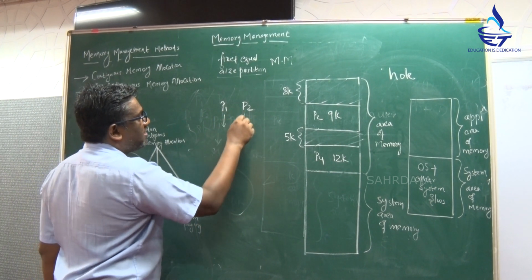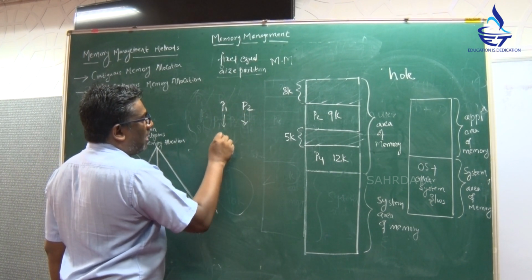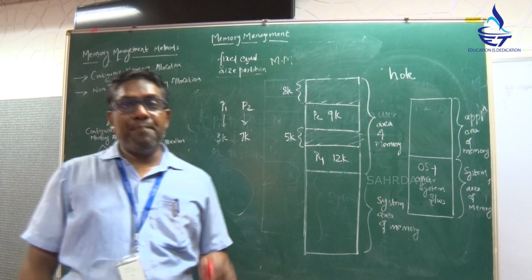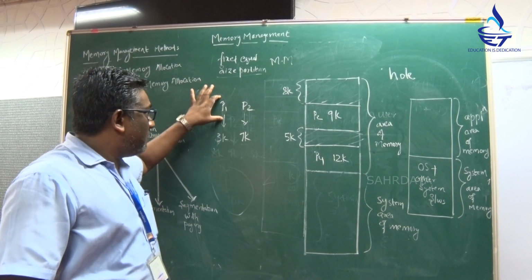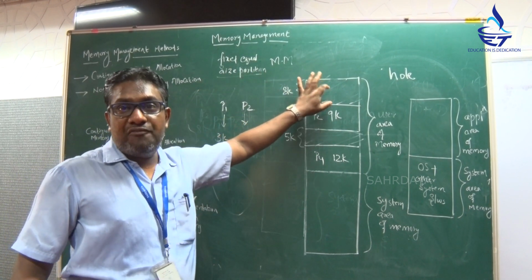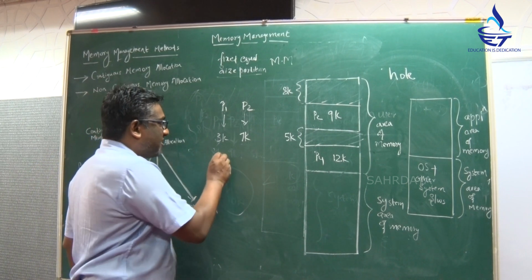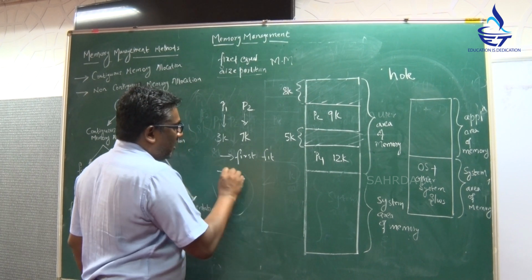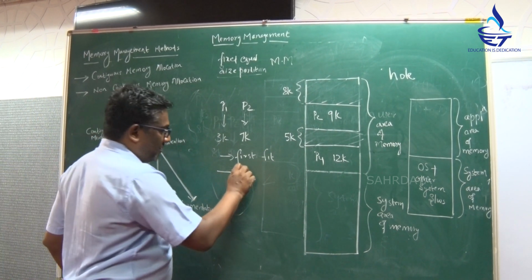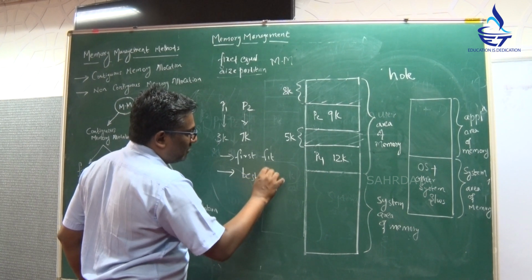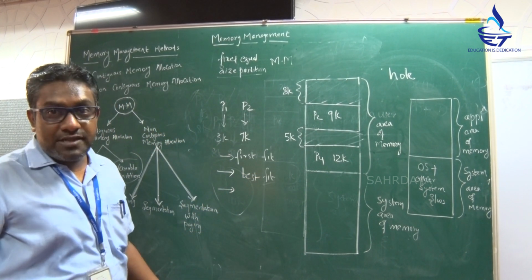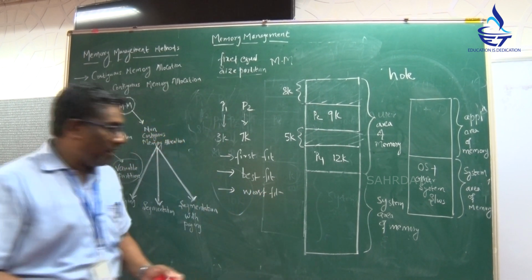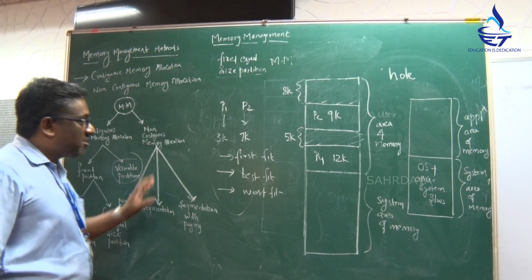The size of P1 is 3K and the size of P2 is 7K. There are three methods for placing a new process into the free space: first fit, best fit, and worst fit. We'll start with the first one, first fit.